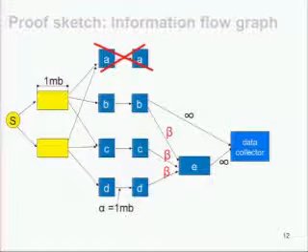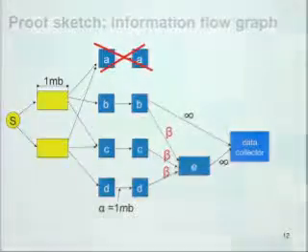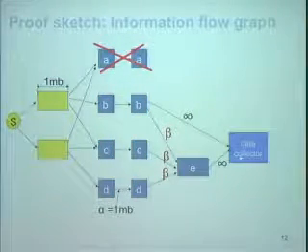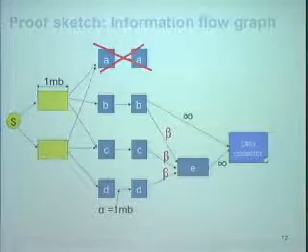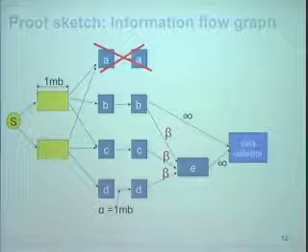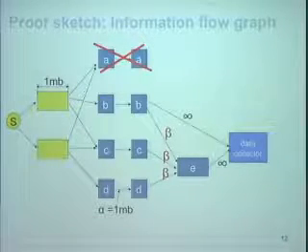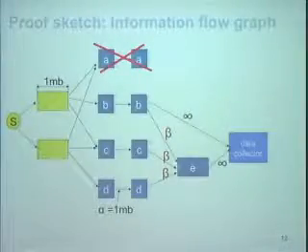Now, I want any 2 disks to contain enough information to recover the data. So I claim that if the minimum cut separating this source from this data collector is smaller than the file size, which is 2 megabytes in my example, it is information theoretically impossible to get the data here.